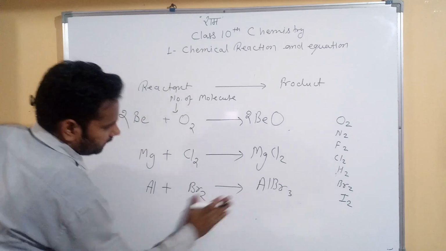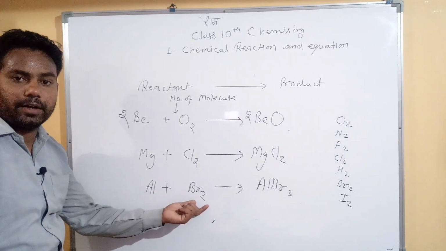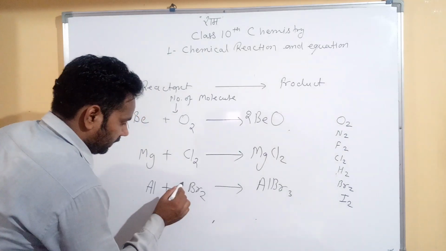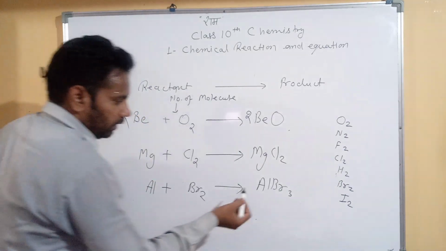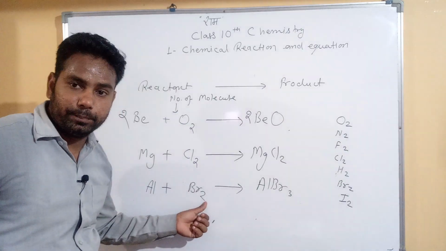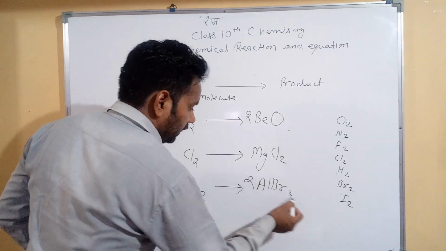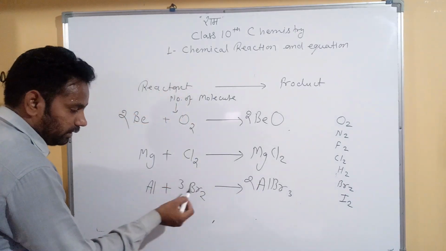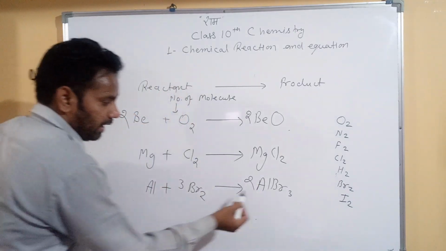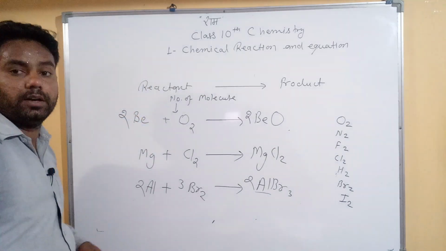So the formula is aluminium bromide AlBr3, but here it is Br2. So what do we do? We can't change the subscript, so we double this value: 3 twos are 6. Now we put 3 here, 3 twos are 6. Aluminium is 2 here, so again we put 2 here.